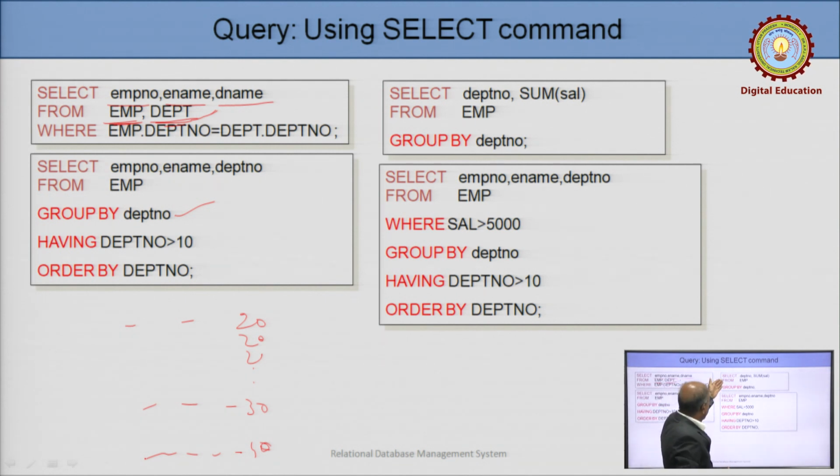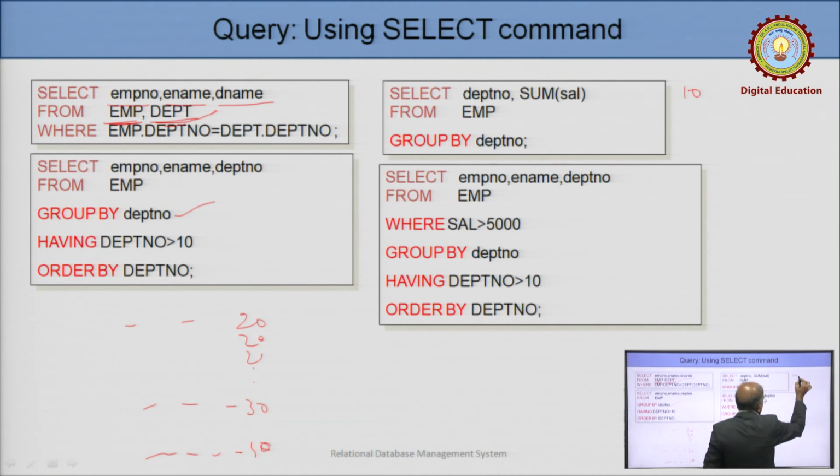See this query: select department number, sum of salary from EMP group by department number. It means grouping will be performed on department number. Department number 10 is group 1, and their summation of salary will take place, say 5 lakhs.